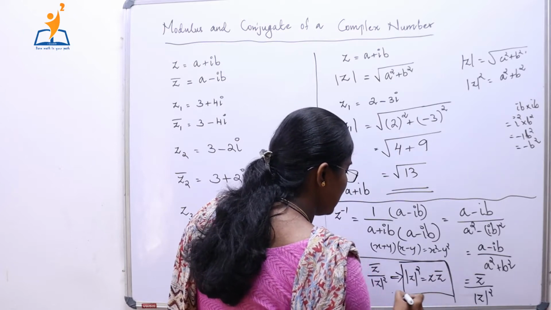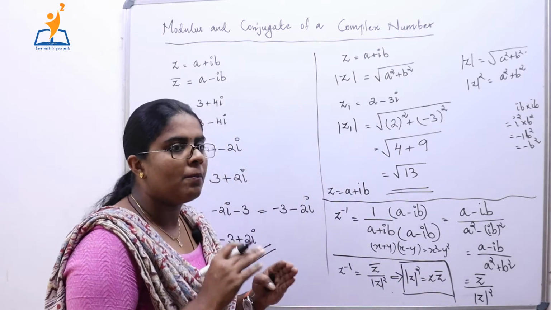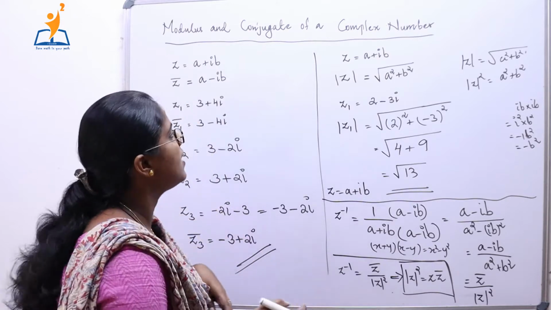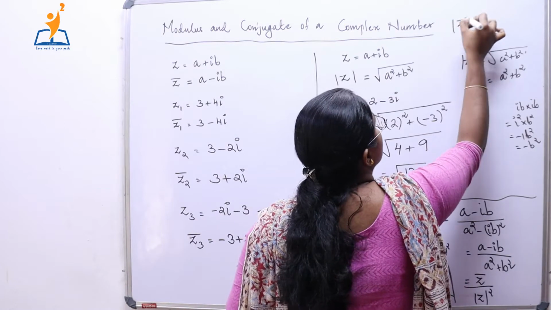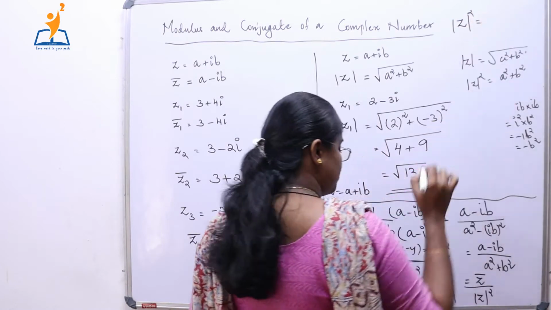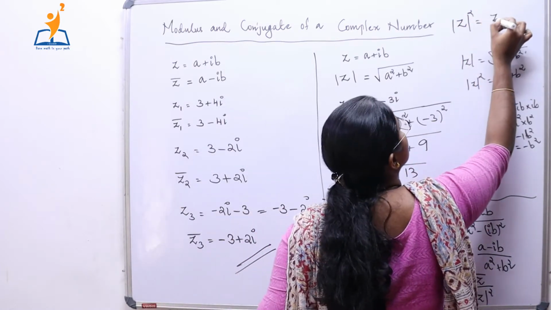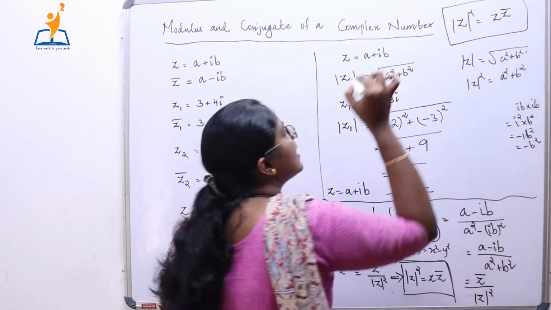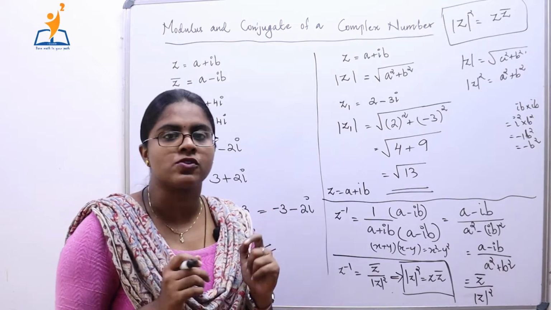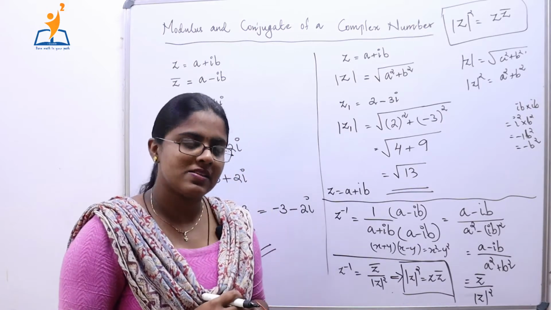So this is the relationship between modulus and conjugate of a complex number. What is the relationship? Mod z square is equal to z into z conjugate. So this is an important result, and we will use this result to solve many problems from this chapter.